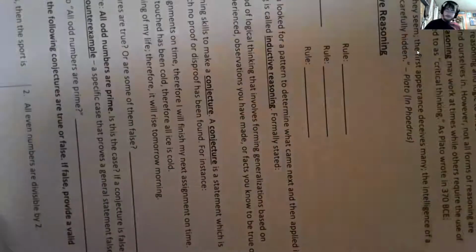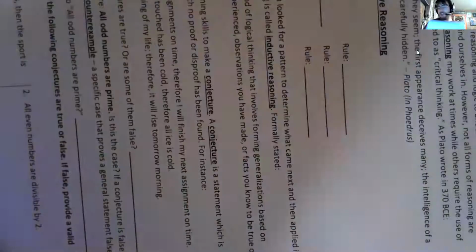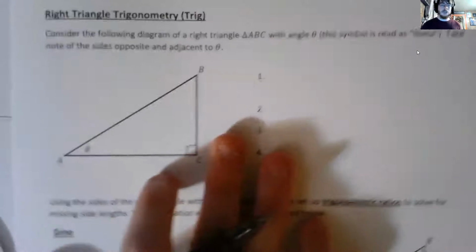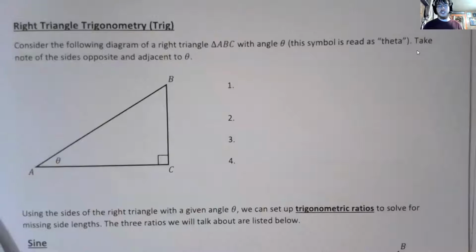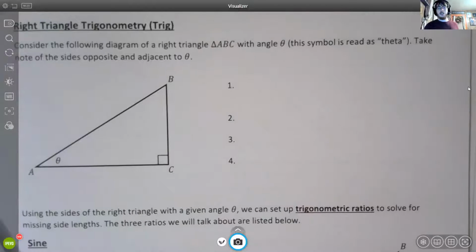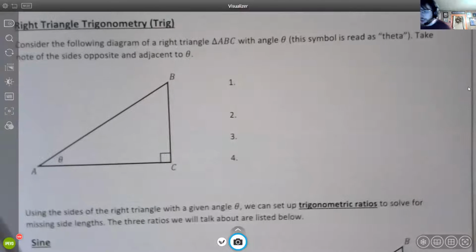All right. Now let's look at how we set up our right triangle trig. So we're going to consider the following diagram of a right triangle ABC with angle theta. And theta is just a Greek letter. It's this symbol here.